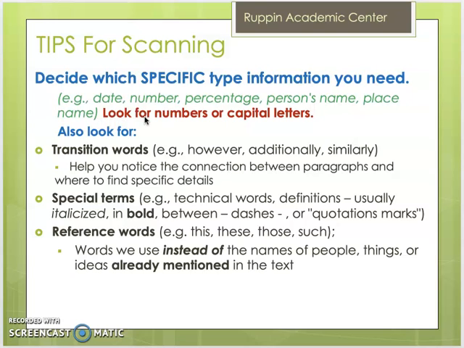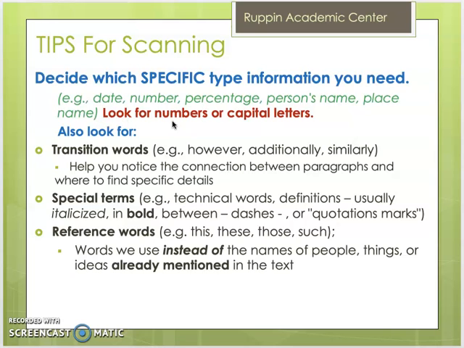As you're looking over the text, your eyes are looking for numbers, for dates and percentages, or sometimes it's helpful for your eyes to just look for capital letters, because capital letters start a person's name, and they also usually start a place name. So that can help you.